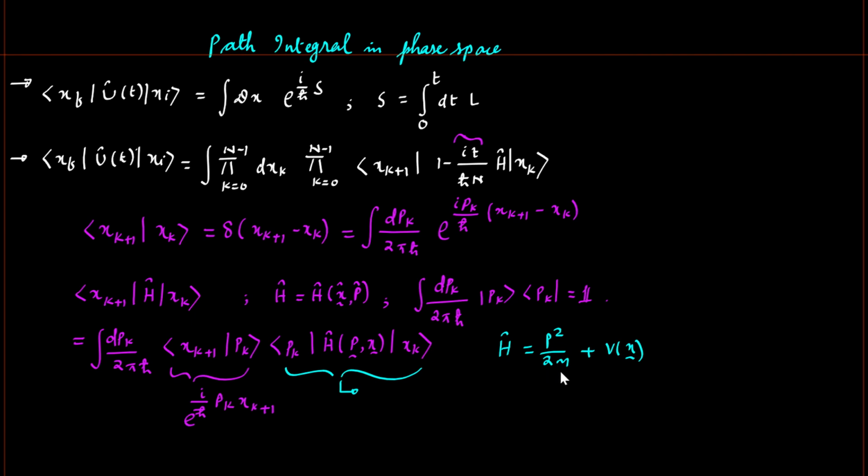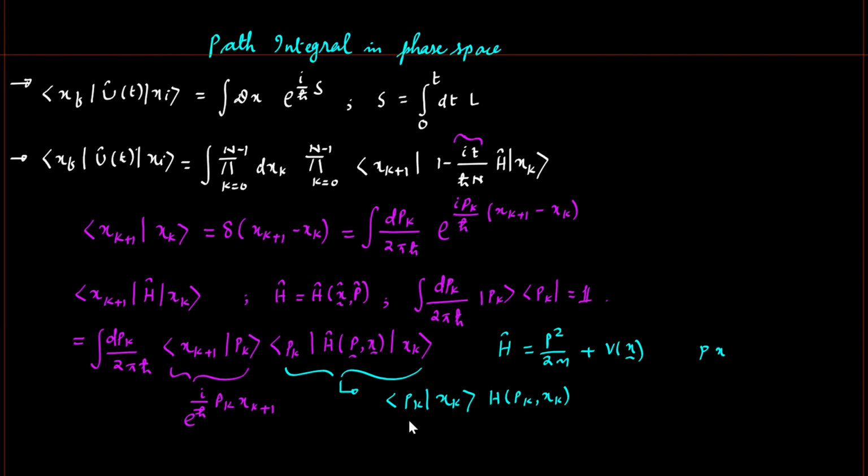But more generally, the Hamiltonian can also contain a term like p x. These kinds of terms are called mixed terms. Whenever the Hamiltonian contains a mixed term, I can write this expression in this way, with x_k and the Hamiltonian, which is no more an operator; it is just an algebraic expression.